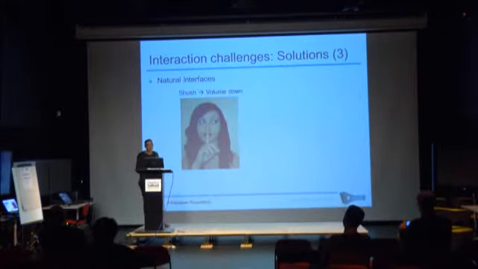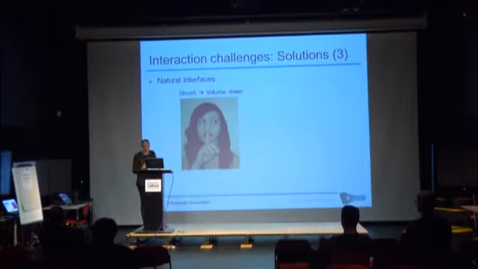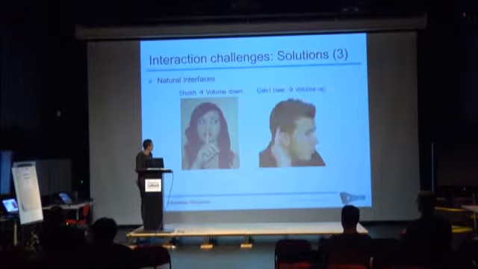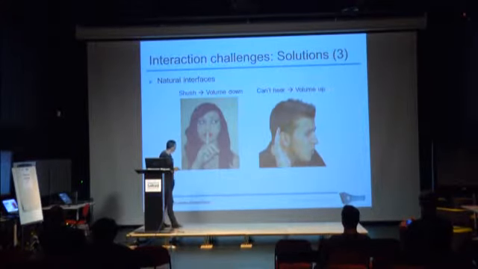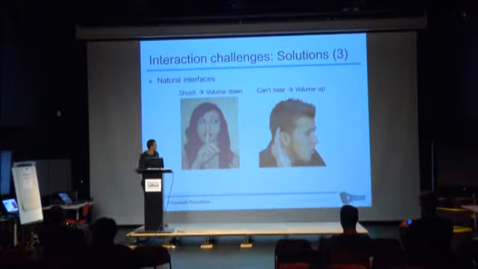And it's more or less known that with this gesture, we want the volume to go down. So maybe an interesting thing will be to associate this gesture with turning the volume down on your TV. So your TV will understand that when you do like this, you want the volume to go down. Or similarly, when you do this, it's like, I'm not hearing enough, please turn the volume up, okay?